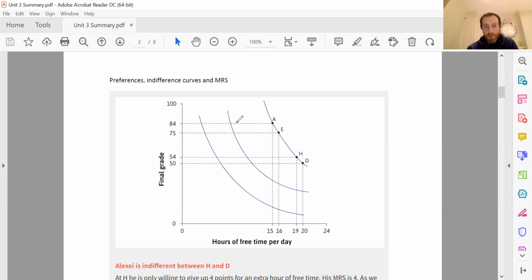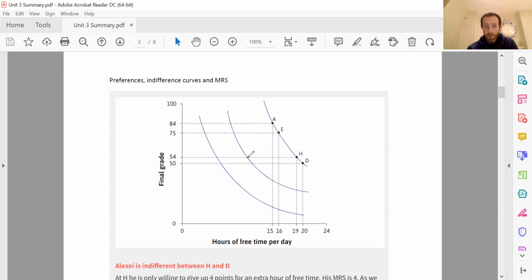Now we can go down here to a different indifference curve. And again, every combination along here gives Alexi an equal level of utility. What's different between this blue line and this one is that the level of utility on this blue line would be lower. That makes perfect sense, right? Because on this blue line, the combinations are smaller quantities.